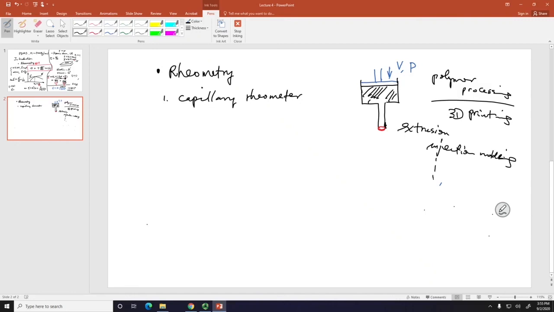So of course, one would like to know on a lab scale how my polymer behaves in some sense. And so I will just pick up a case where we call this the die, where this die is cylindrical.